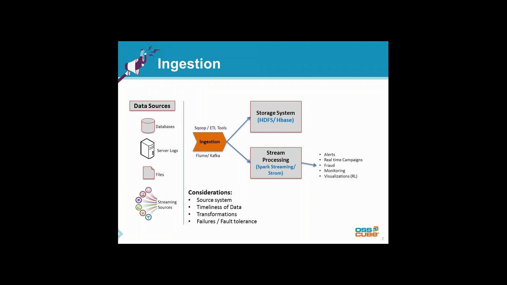Thereby it makes the Kafka queue independent of who is publishing the data and who is consuming the data. So these are some considerations that you can take while choosing your ingestion mechanism.